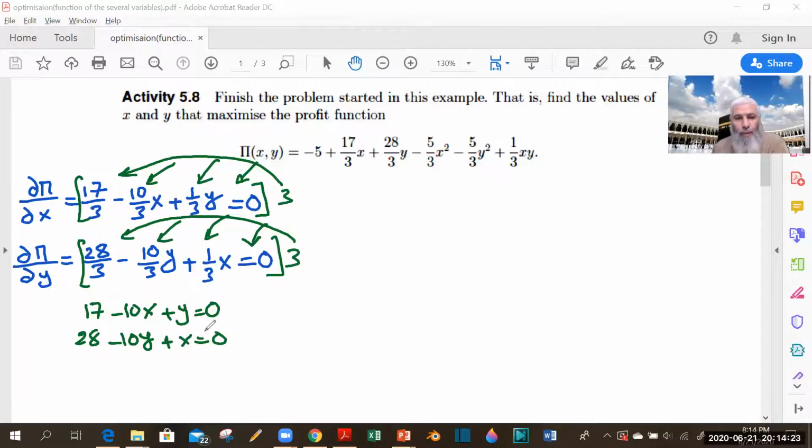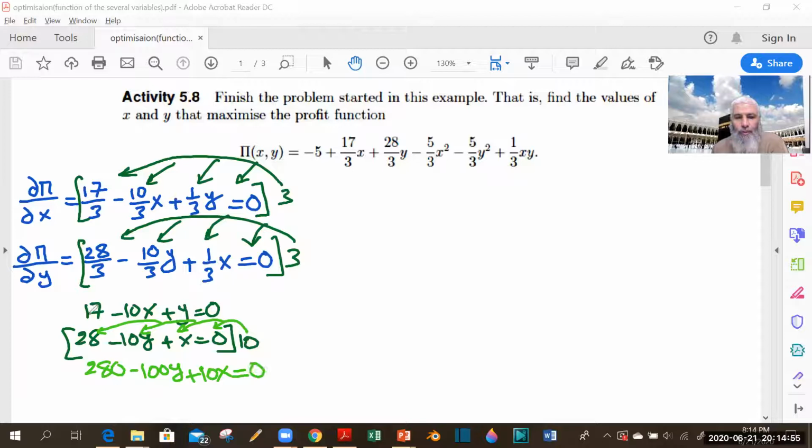Yes. And to eliminate, we can multiply this equation by 10. So we'll have here 10x, and this is negative 10x, so we can eliminate x, right? So we have 280 minus 100y plus 10x equal to 0.